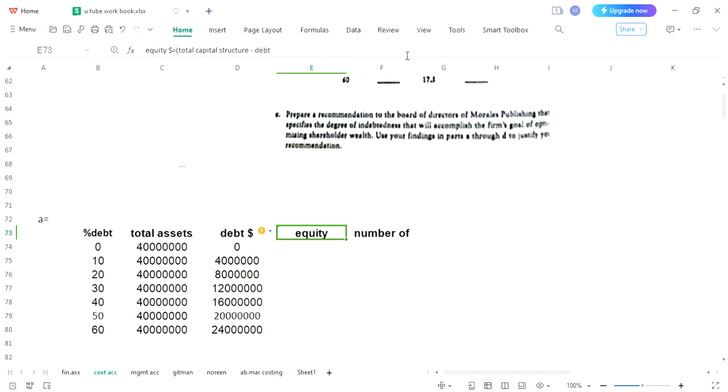No. Okay, let's take another chance. We can merge in this way if it works. A little bit, but not exactly what I wanted to do.